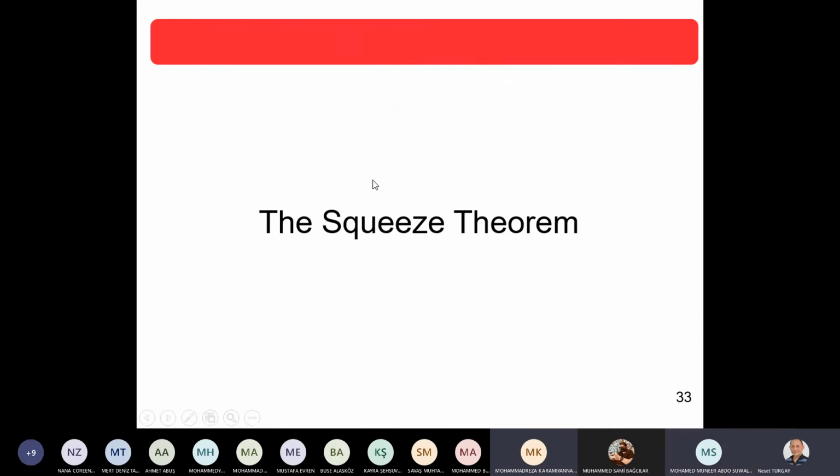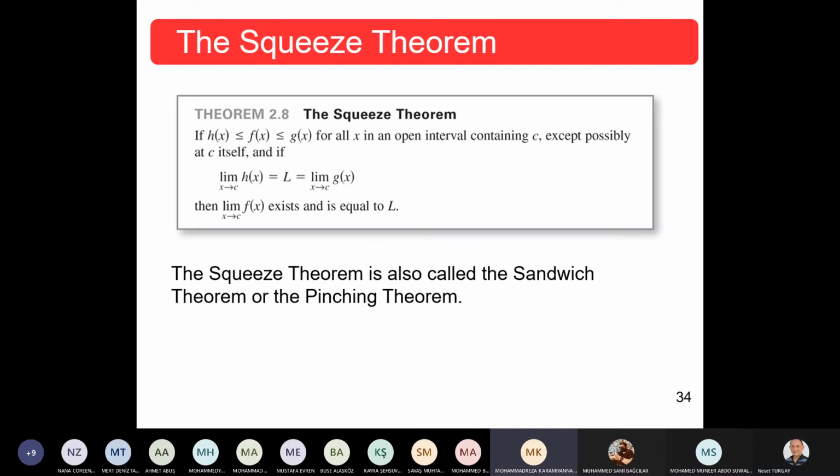We have a squeeze theorem. Have you heard of the squeeze theorem? It's super easy. The squeeze theorem: h of x is smaller or equal to f of x is smaller or equal to g of x for all x in an open interval containing c, except possibly at c itself.